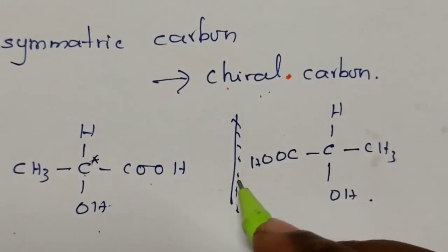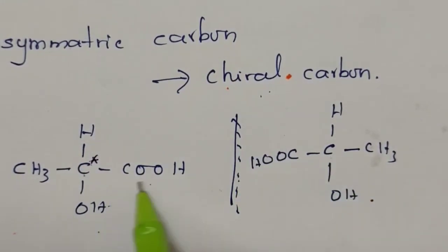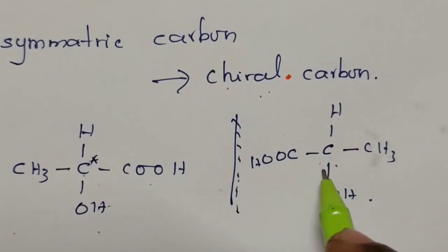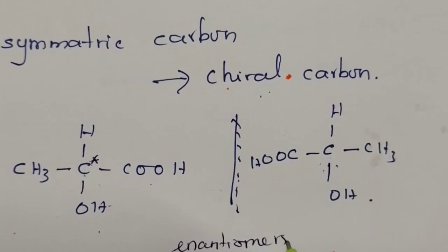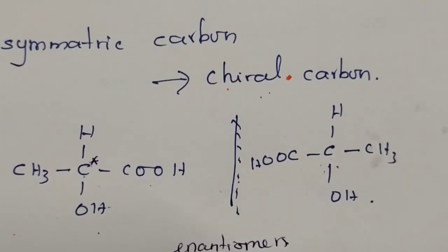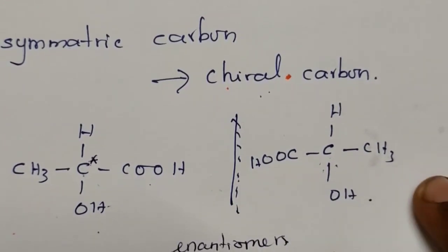If you take the mirror image, they are non-superimposable with each other. Such isomers are called enantiomers.